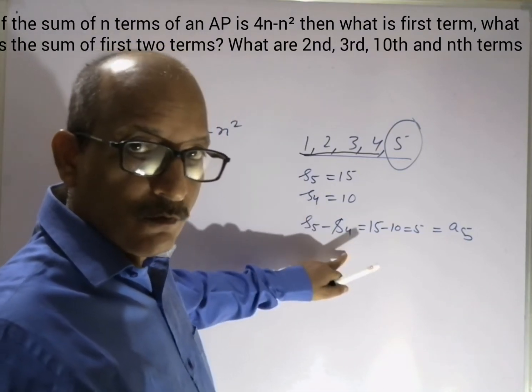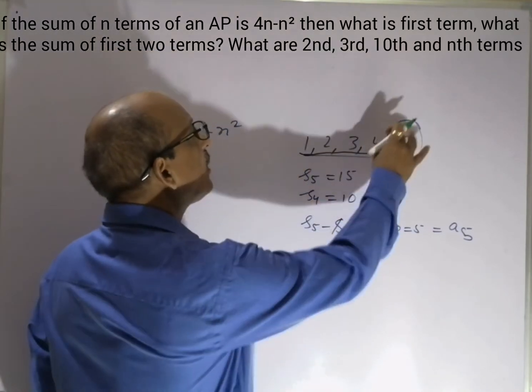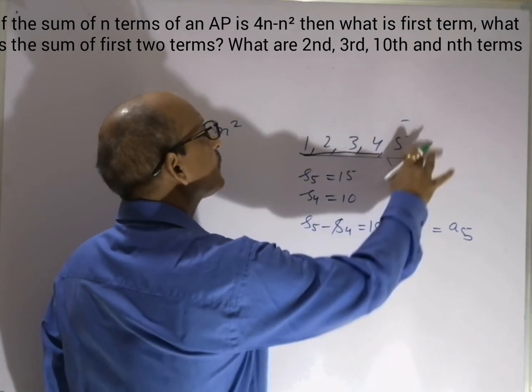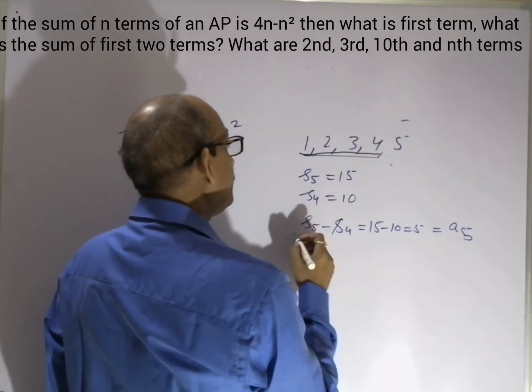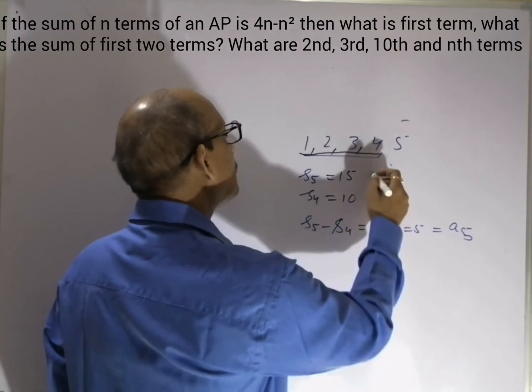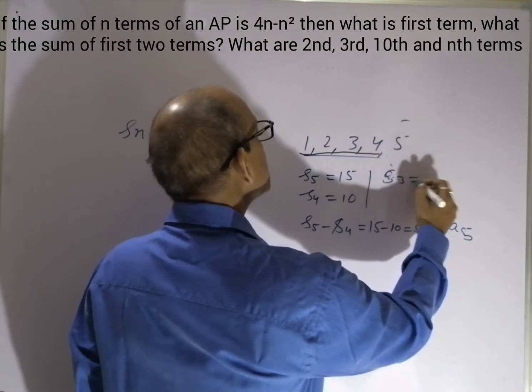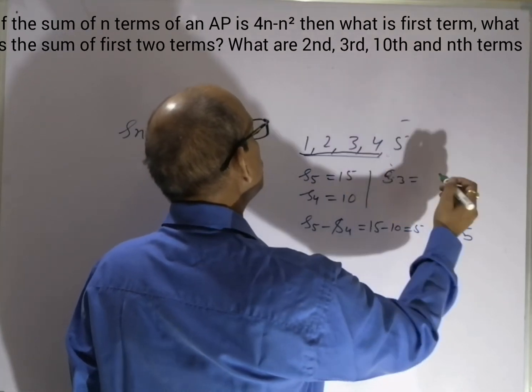Now again for the same AP, if we want to get the fourth term, we take S5 once again. I would also like to take S3. S3 will be equal to 3 plus 2 plus 1, that is 6.